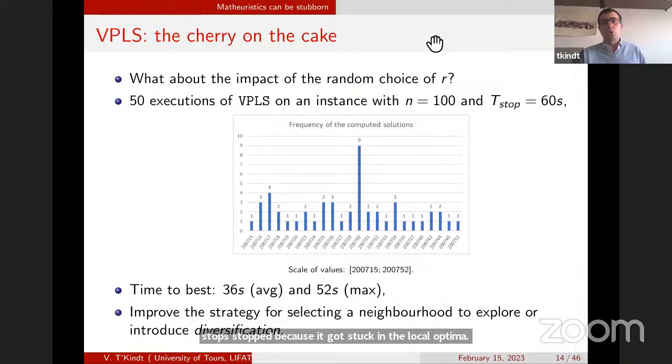That's the point. So to improve this approach, we will have either to have a better strategy in selecting the neighborhoods than just doing random, or introduce diversification when we get stuck in local optima. That's the first point.